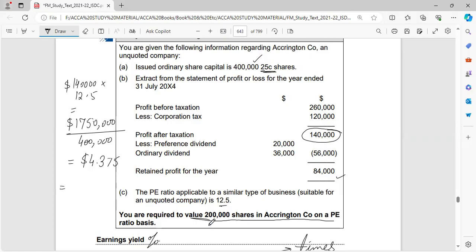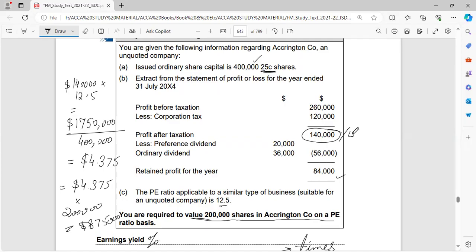He is saying calculate the total value of 200,000 shares, so 4.375 multiplied by 200,000 is 875,000. Alternatively, what can we do?